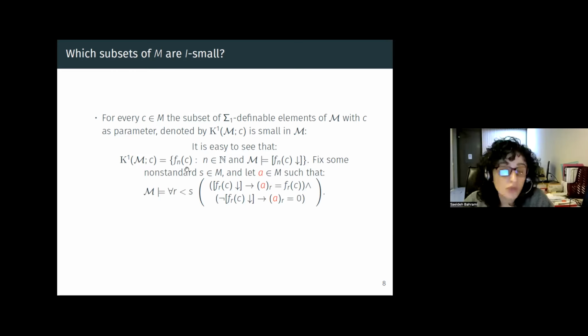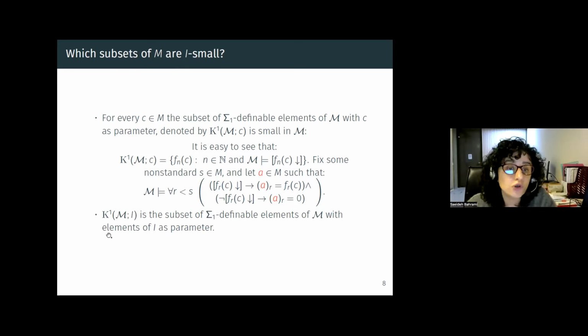They might be repeated in the process of making this sequence, but it doesn't matter because this subset is infinite, so we can omit the repeated ones, and after eliminating all the repeated ones, again we have an infinite subset. So we can get rid of all those repeated ones, and we can have a sequence number whose restriction to n, the standard cut, is equal to this K1 of M and C.